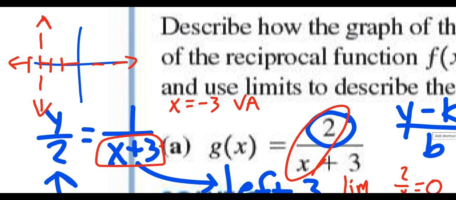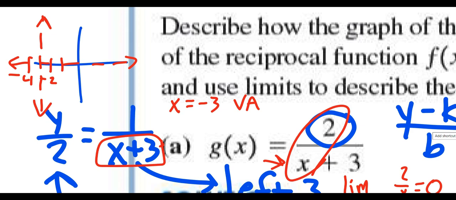If I were you and I'm trying to figure out the branches, I might plug in -2 and -4. So if I plug in -2, what do I get? Plus 2, don't you? 2 over 1.